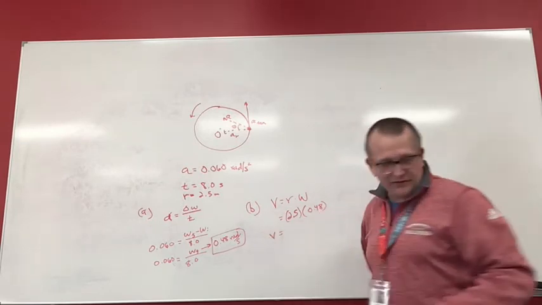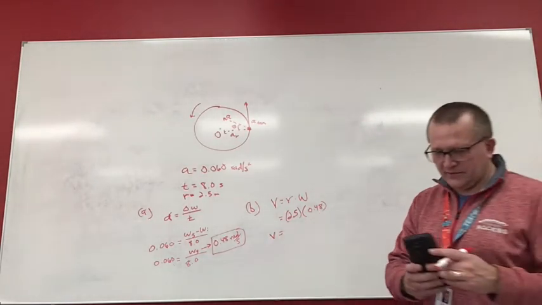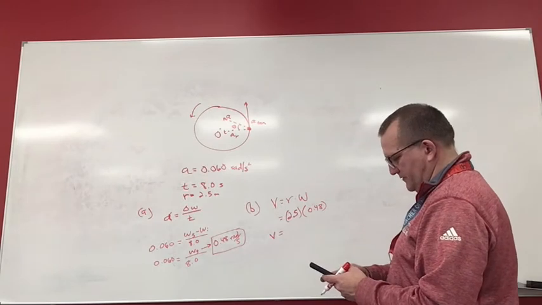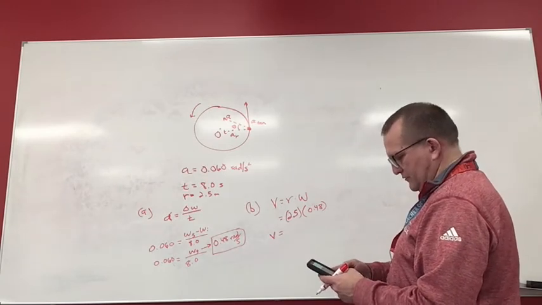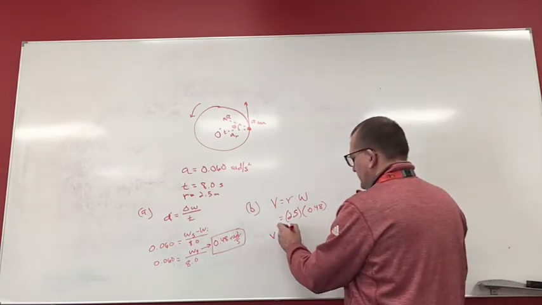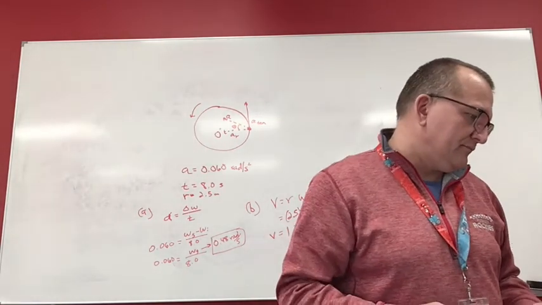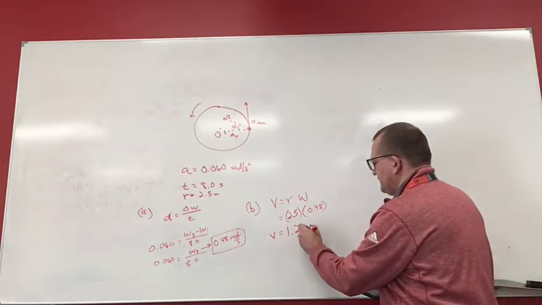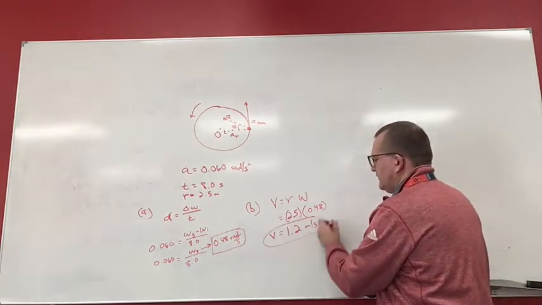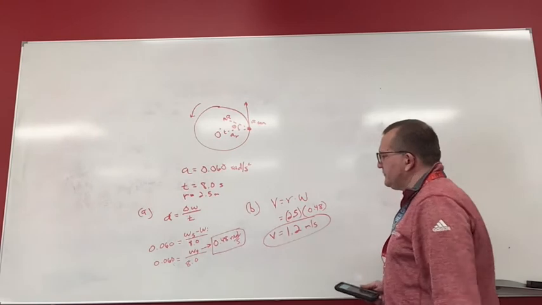That would be my linear velocity at that time. So if I take my answer from before and multiply it by 2.5, that gives me a linear velocity of 1.2 meters per second. Make sure my units were good. And I use meters because that's meters.